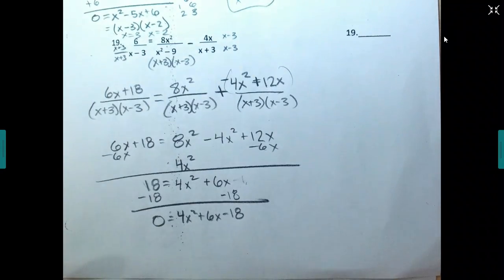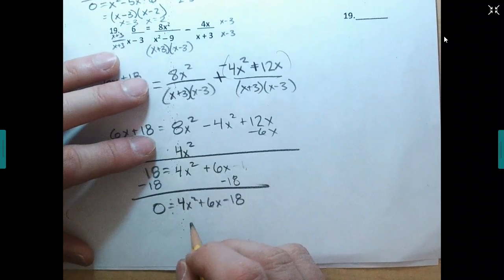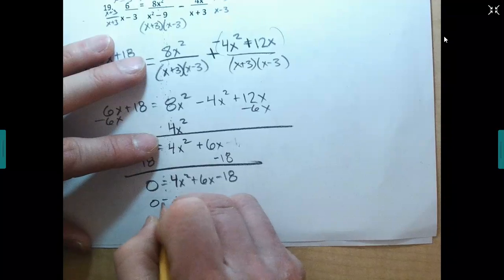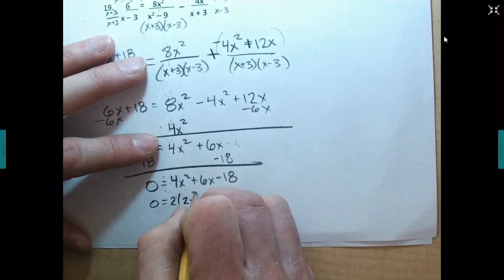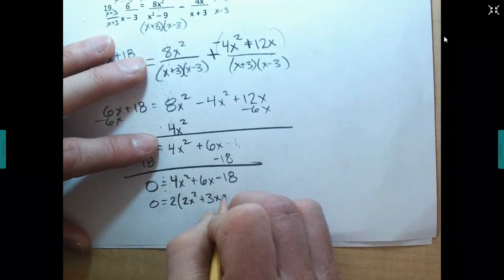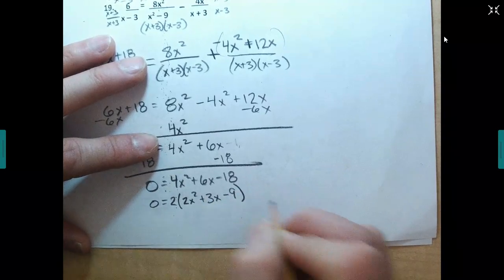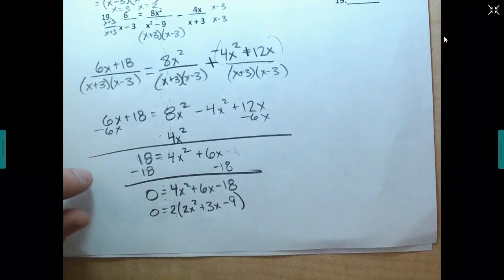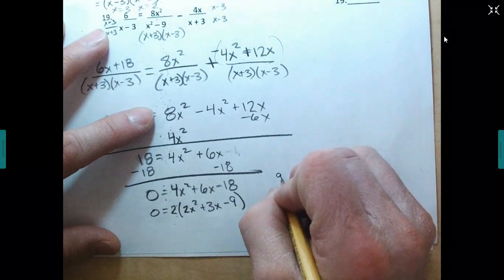And then what I could do is, let's factor out 2. So I'm left with that. I want to get this to 0. So I'm going to get my factors of 9 and my factors of 2.